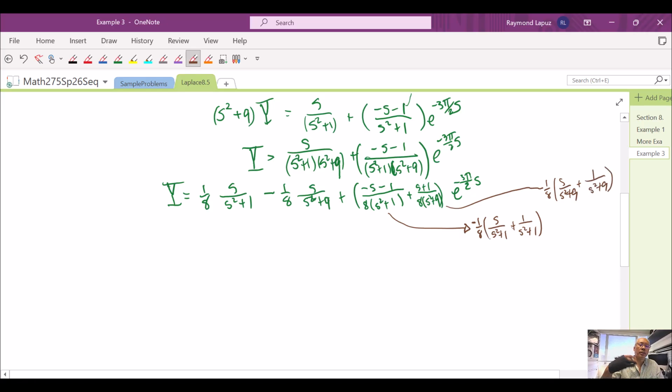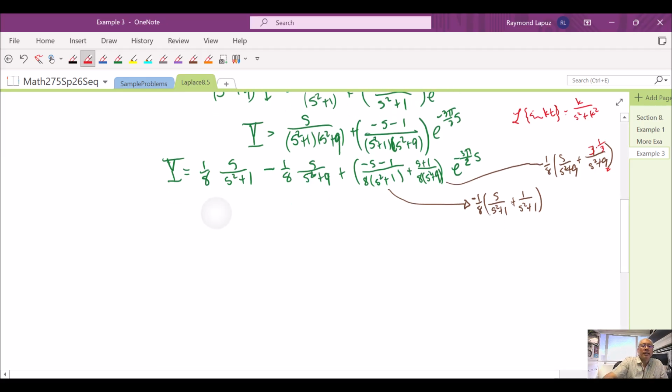Now, according to the Laplace transforms, the Laplace transform of sine kt is equal to k over s squared plus k squared. And so we're going to need a 3 up here, which means we're going to need to multiply this by 1/3. So keep that in mind when we're doing the transformation back.